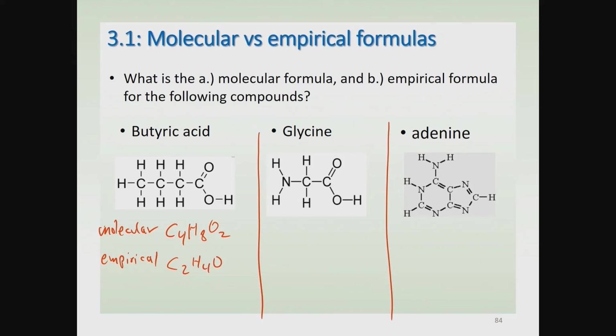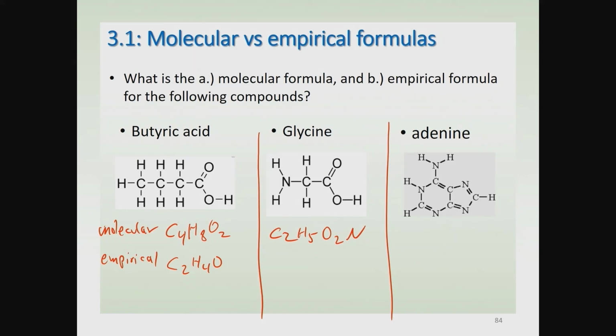Okay, let's look at glycine. It looks like we have 2 carbons, 1, 2, 3, 4, 5 hydrogens, 2 oxygens, and a nitrogen. That is the molecular formula because that is the actual count of the atoms for each of the elements. Now, can we divide those subscripts to get a formula with lower whole numbers?